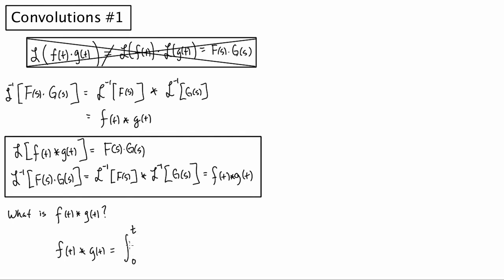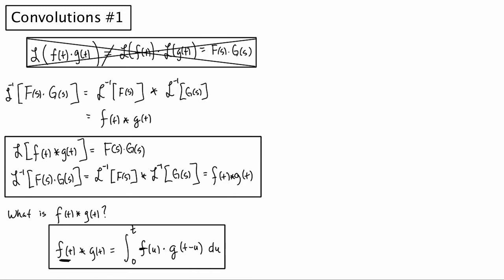The integral from 0 to t of whatever's first, with a dummy variable of integration, which we've used u in class, times whatever's second, taken at the value of t minus that variable, and then the integration is with respect to u. So this is the other important formula to keep in mind: the convolution of f with g is given by this integral.